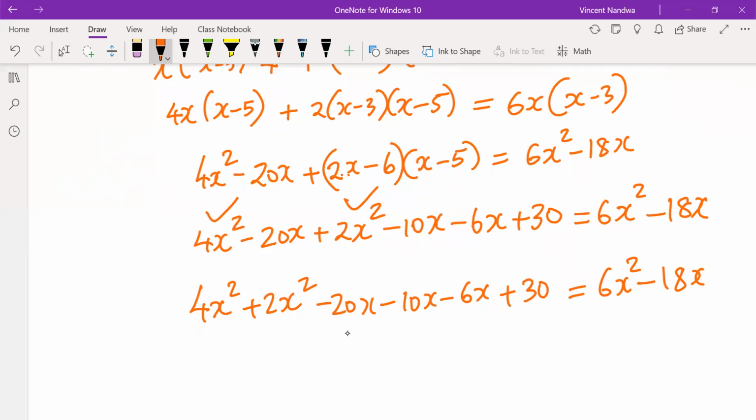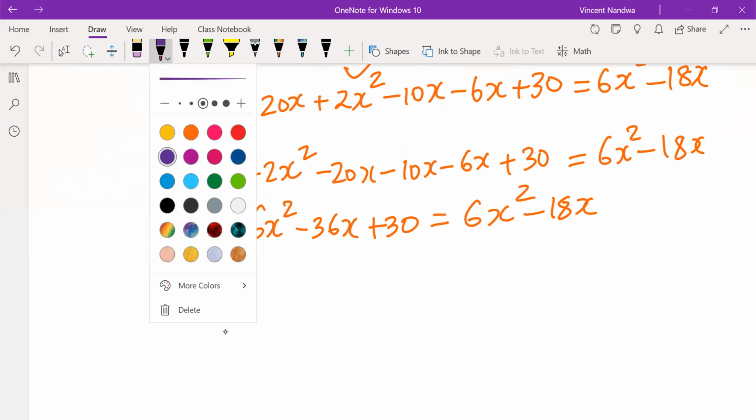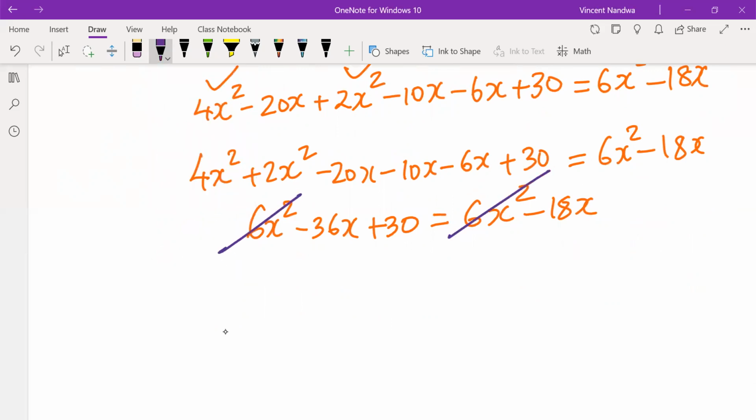So 4x squared plus 2x squared is 6x squared, minus 20x minus 10x minus 6x will give us minus 36x plus 30 equals 6x squared minus 18x. So 6x squared cancels out. So we have minus 36x plus 30 equals minus 18x.